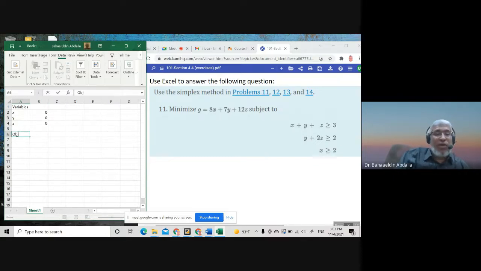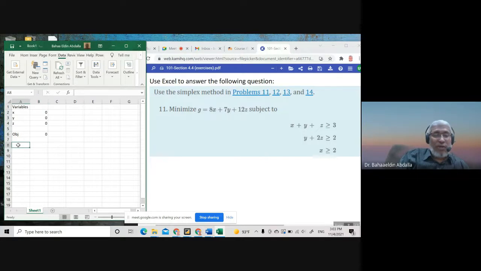And here we write the objective function. And the objective function is this one, 8x. So it is equal to 8 times, and this is x, plus 7 times, and this is y, plus 12 times, and this is z. So this is the objective equation.